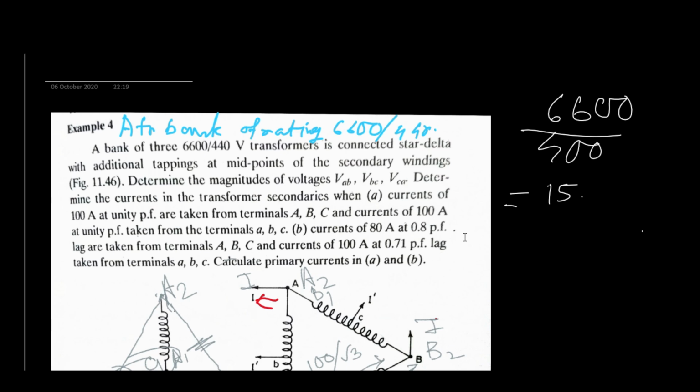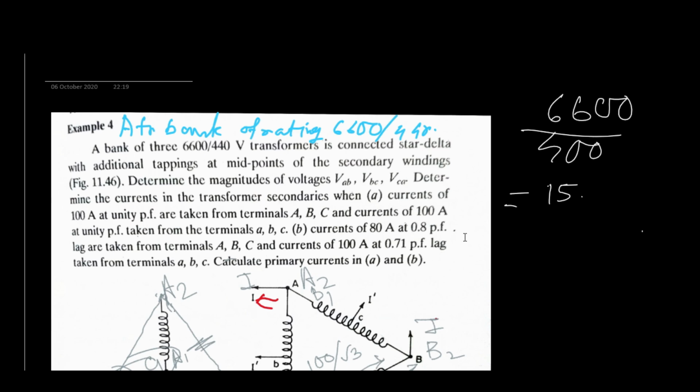But when I say a bank of three, it means three individual transformers, each of them having 6600 by 440 volt.